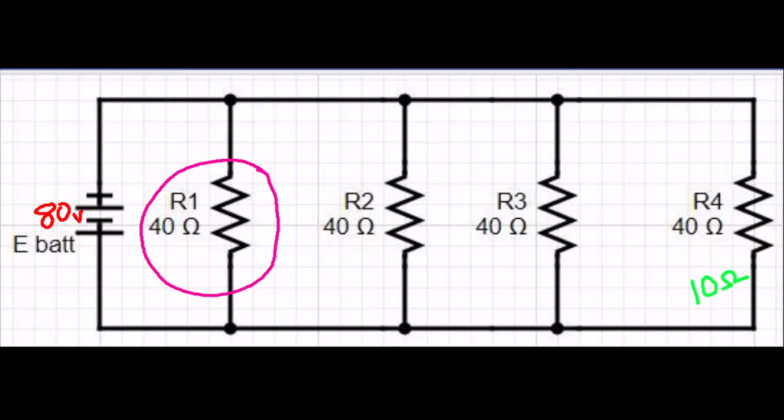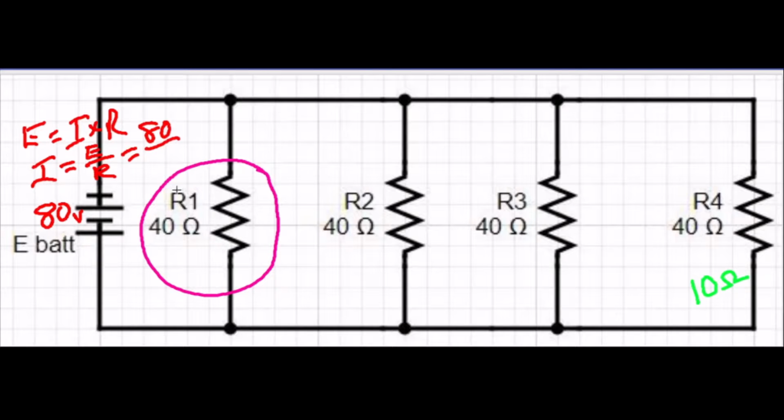So how do we figure out what the current is at R1? Well, we look at our formula, and our normal formula is going to be E equals I times R. If we want to solve for I, it is going to equal E divided by R. Well, we know that E is 80 because we remember that the voltage is the same throughout the circuit.